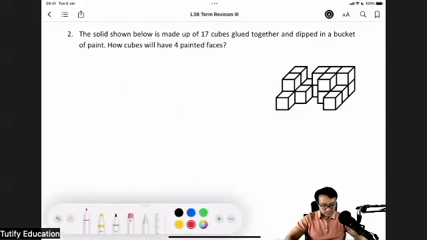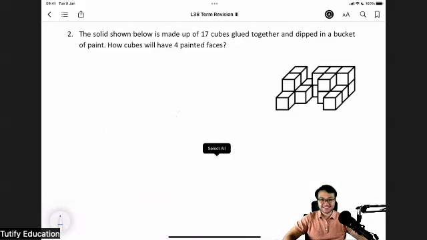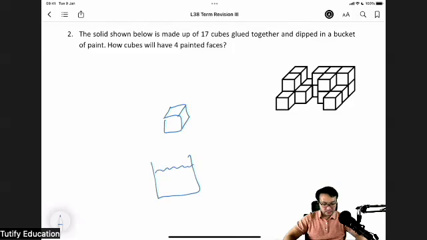Now, Kate, if I were to take one cube and drop it into a bucket of paint, how many faces of the cube do you think will be painted? Take the entire cube, you drop it into a bucket full of paint. 6.